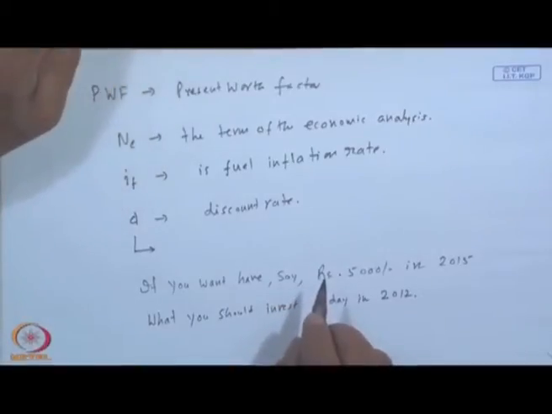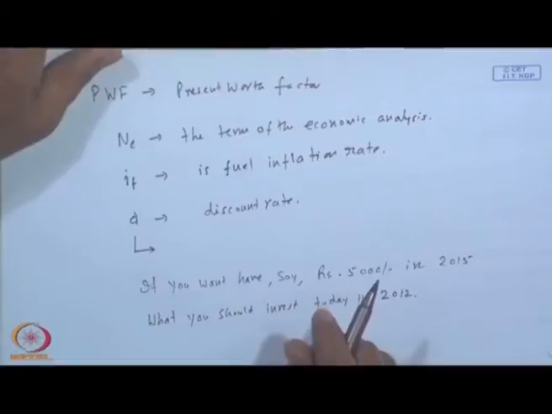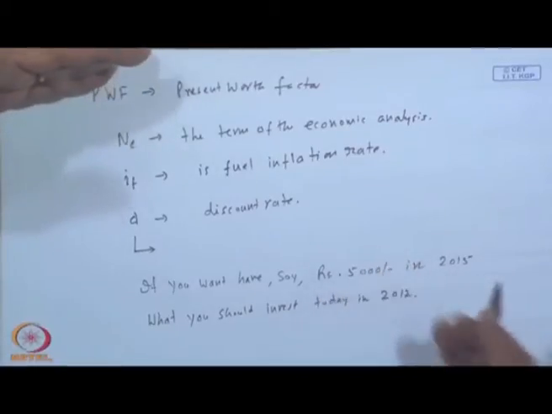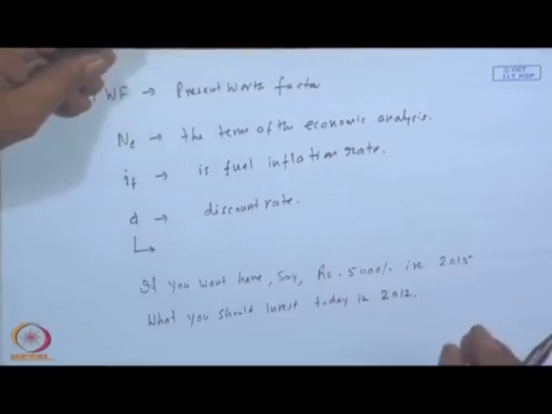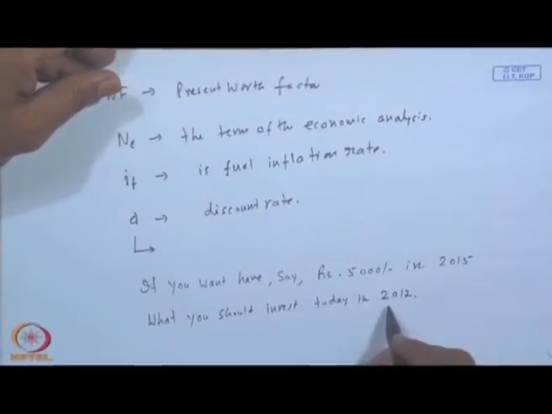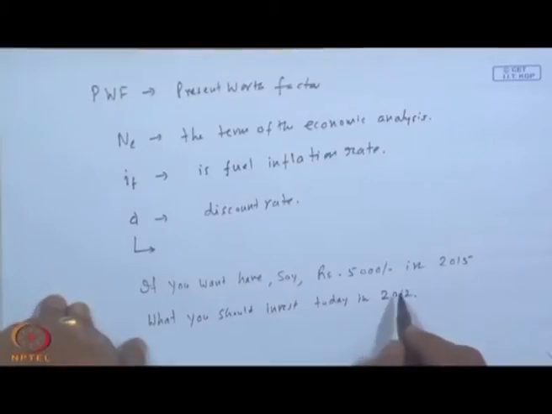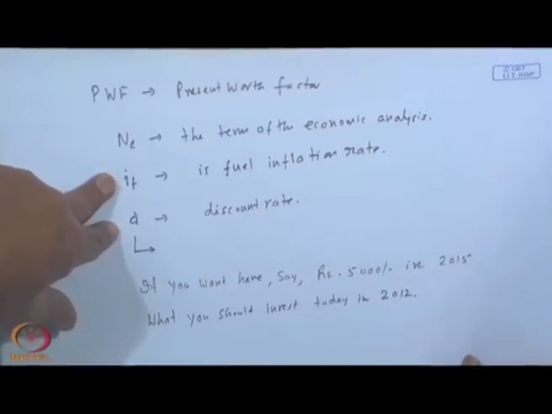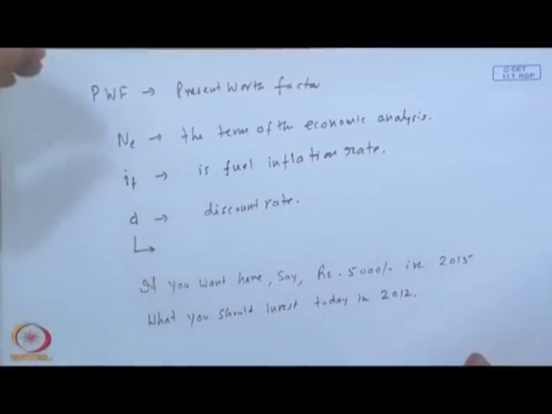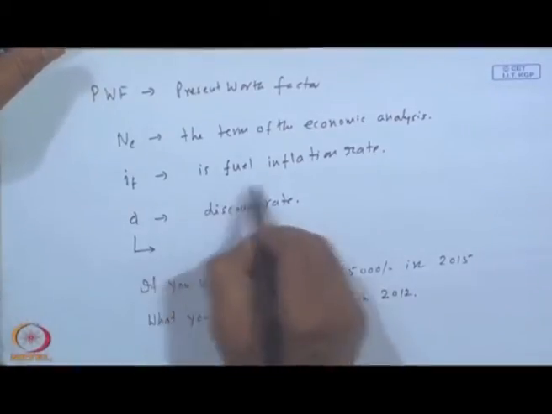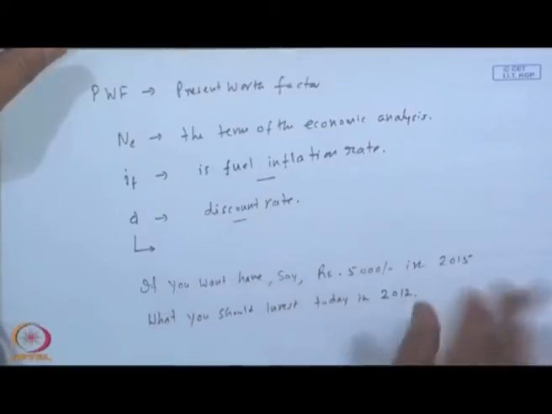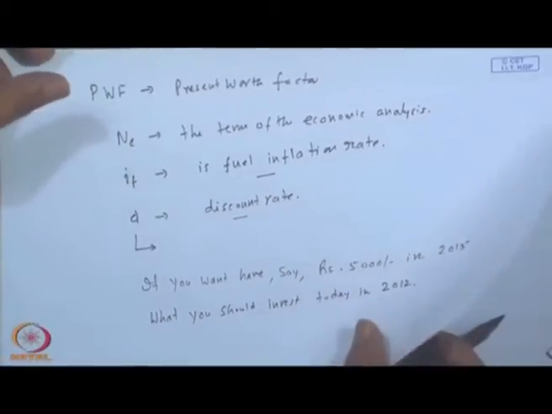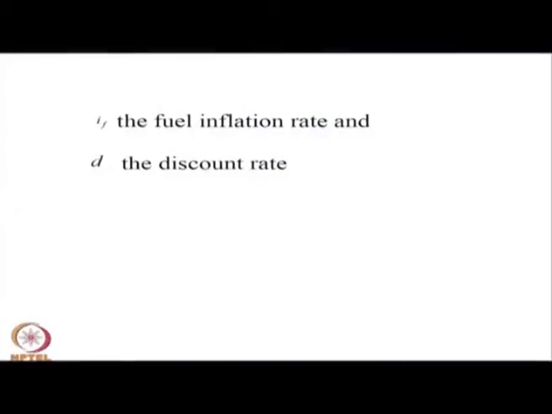So, you want to have 5,000 rupees 3 years later from today. So, the 5,000 rupees is discounted and it becomes 3,832, whatever is the number, in 2012 terms of money. Okay? So, there is a good chance that the inflation rate and the discount rate are equal, and in general it should be the same if you are talking about overall discount rate and overall inflation rate, but since you are talking only about the fuel inflation and the discount rate in general, these things will differ in calculating your P1 and P2.